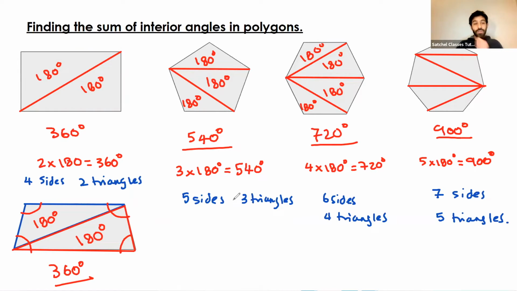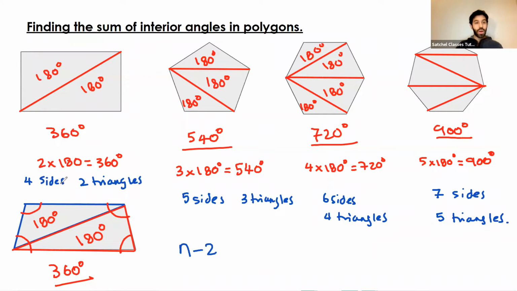So to think of a general formula of how to calculate the sum of interior angles, well, if we can calculate the number of triangles we have and multiply that by 180, that will give us the sum of interior angles. So what we need to do is the number of sides, so n being the number of sides, minus 2, because that gives us the number of triangles we want.